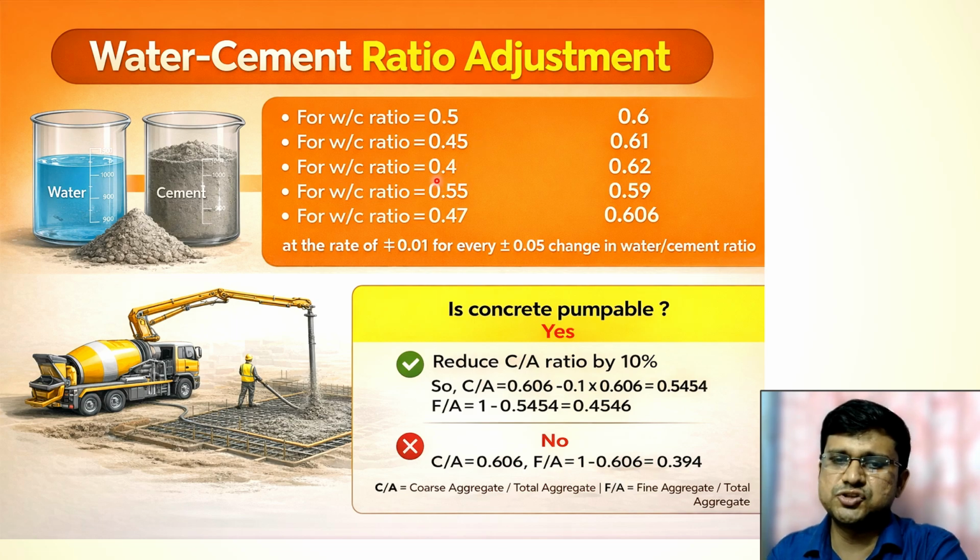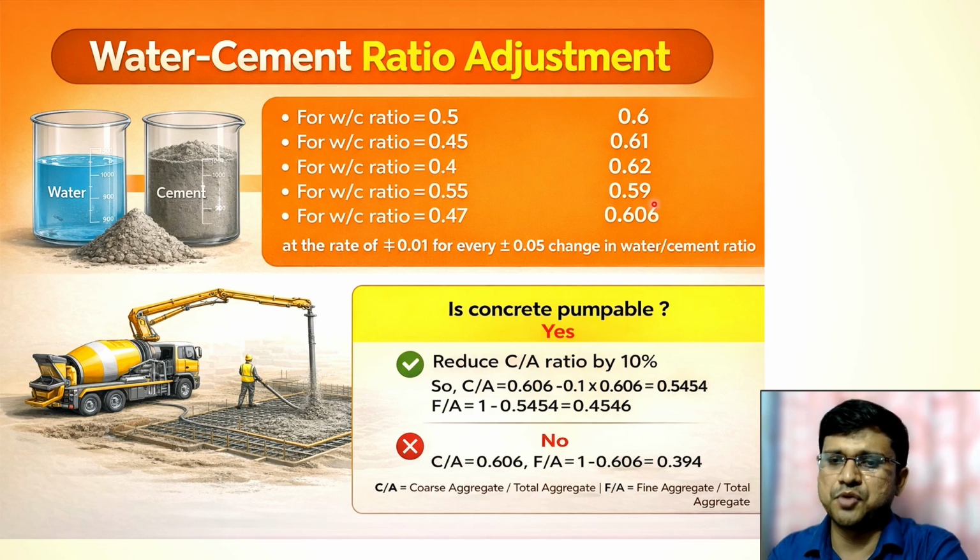If the water cement ratio is 0.4, it means it is 2 times change, 0.05 less, 0.05 less. So we have to increase the ratio of coarse aggregate by total aggregate by 0.01, 0.01. So it will be 0.62. If the water cement ratio is 0.55, which is actually 0.05 more than 0.5, at that time we have to decrease the value of coarse aggregate by total aggregate by a value of 0.01.